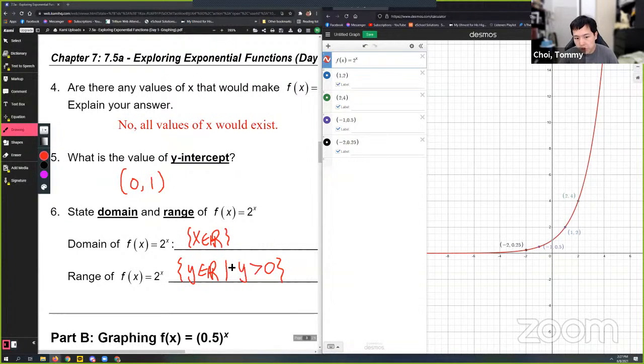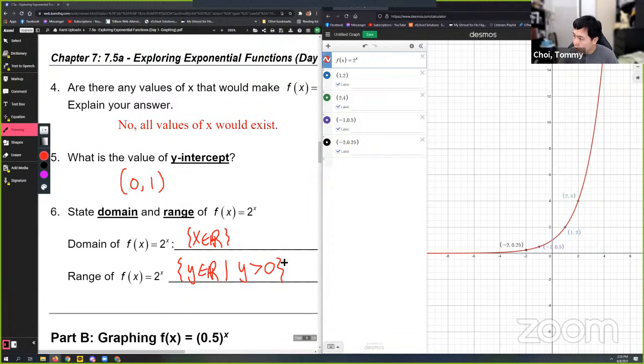So as a result, y is greater than 0 is actually what you're going to write here. Do not write equal to. It does not equal 0. It's greater than 0. That's it. So that is your restriction for your exponential function.